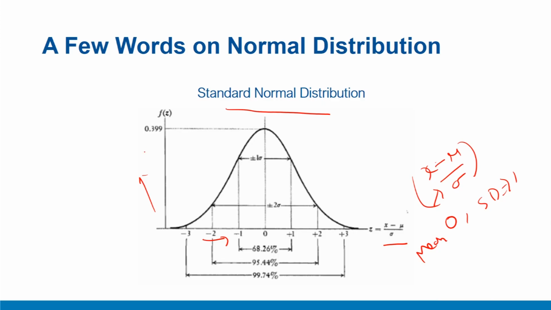On the y-axis, instead of frequency or percentage frequency, we use probabilities, or rather probability densities. Each point will represent a particular standardized return in Z form, and on the y-axis we have the corresponding probability, which is essentially a probability density.